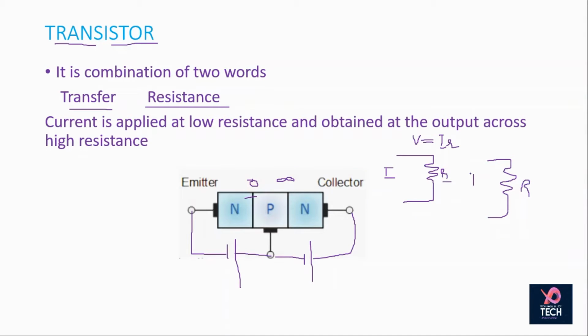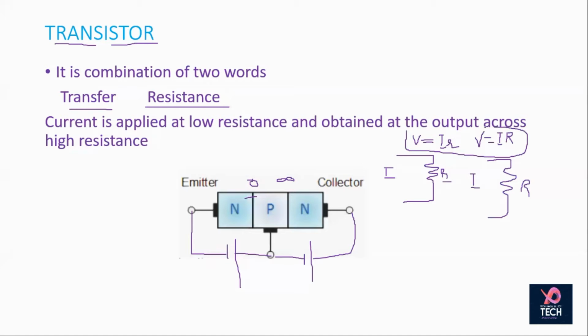Now we are passing the same current I, so now your voltage is I into R. From here you can easily find out that just by transferring the resistance, the voltage value can be increased.